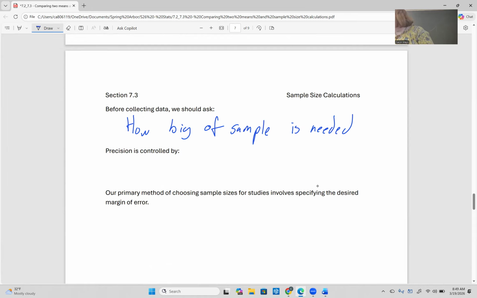So our precision ultimately is controlled by our sample size and the standard deviation of our samples, our standard error.